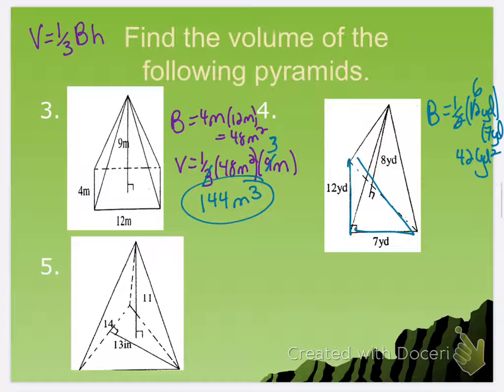So we have our volume being 1/3 times 42 yards squared times our height of 8 yards. 3 does go into 42, 14 times. So 14 times 8 is 112.